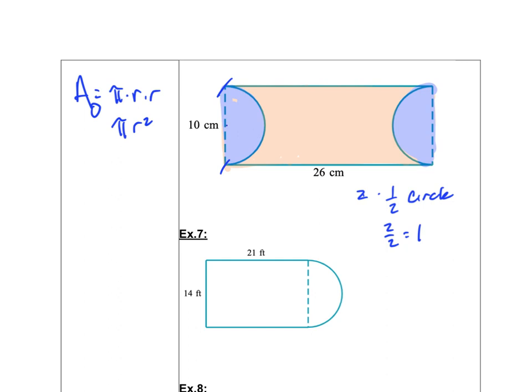So what would the radius be? Okay, and the radius is half the diameter. All right, so that means this radius is 5 centimeters. In this situation, we have one whole circle that we're cutting out. So we're going to take the area of the rectangle and subtract from it the area of the circle.